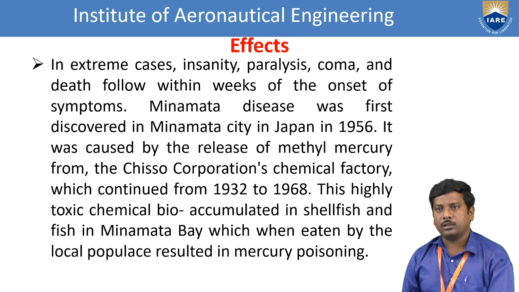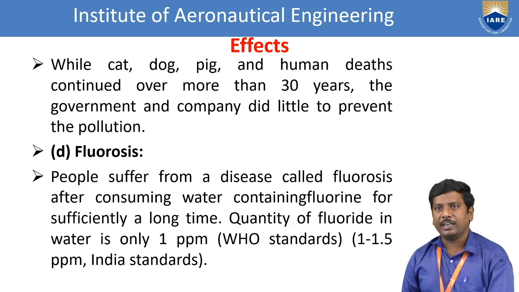This highly toxic chemical bioaccumulated in shellfish and fish in Minamata Bay, which when eaten by the local people resulted in mercury poisoning. While cat, dog, pig, and human deaths continued over more than 30 years, the government and company did little to prevent the pollution. And next one is fluorosis.